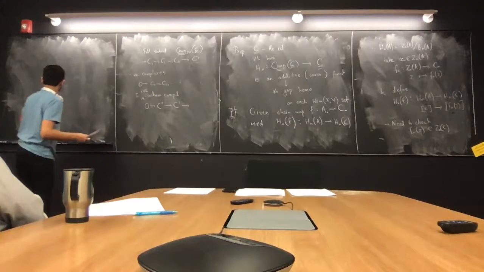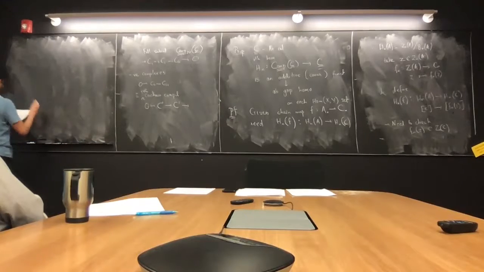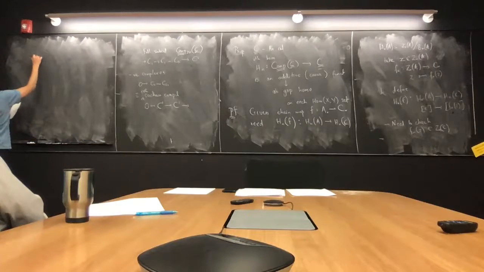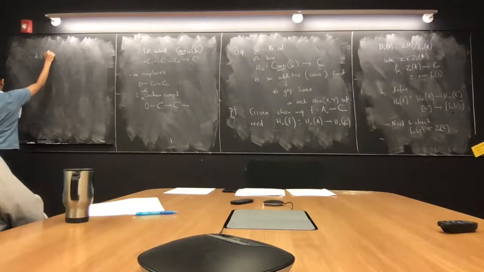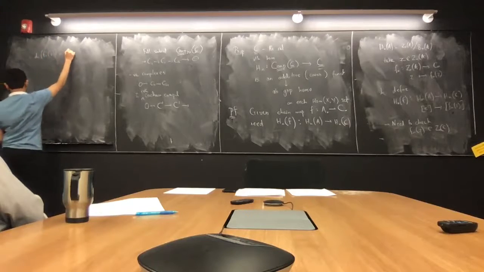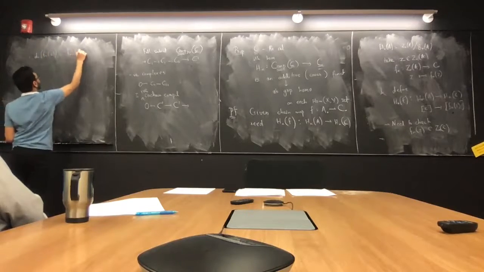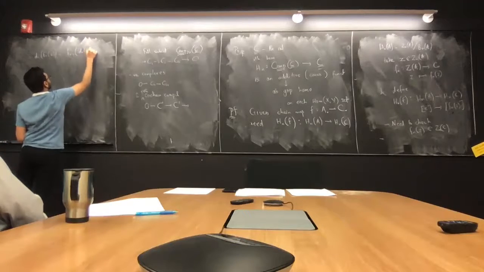Exactly. And that's true because dn of Fn(Z) is equal to F(n-1) of dn(Z), which is 0.